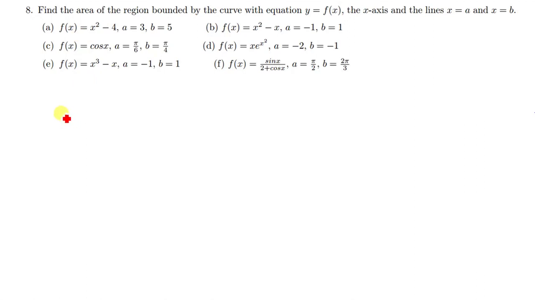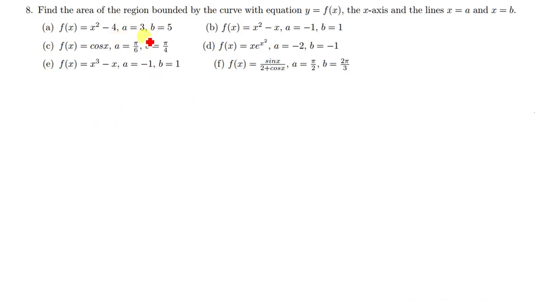So the curve is going to look like this. And then we've been given the limits, which are a equals 3 and b equals 5.